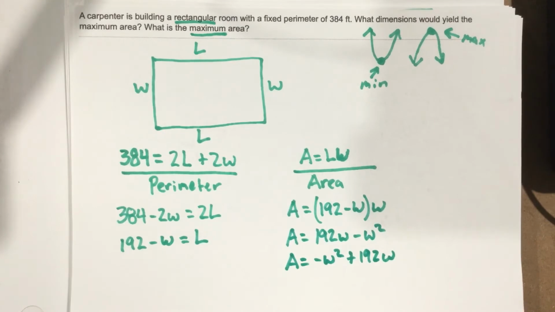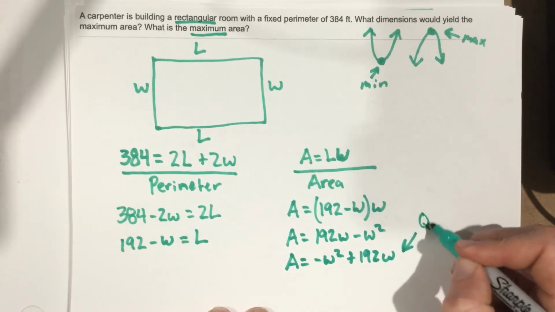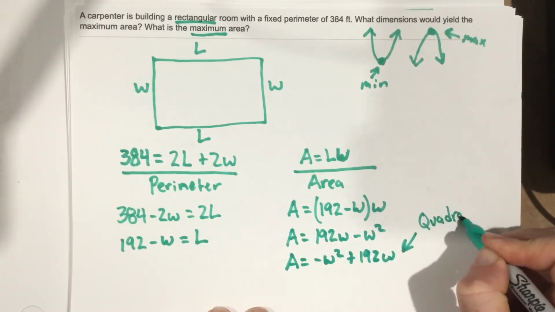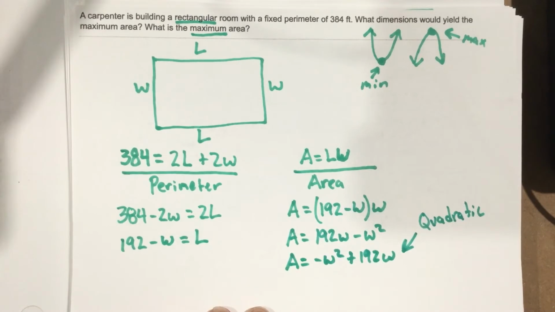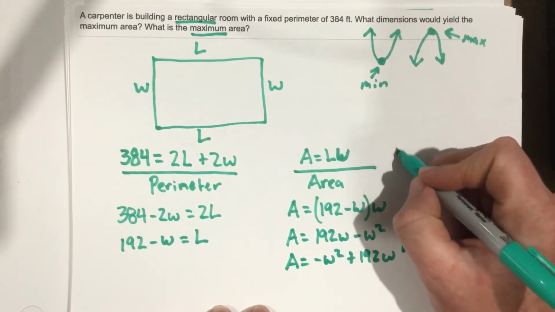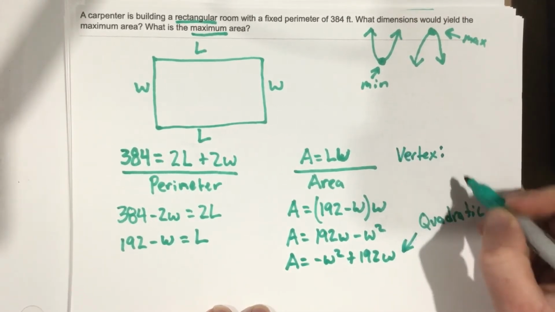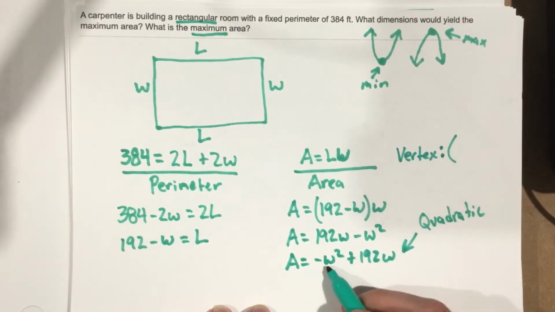Now, there's an important thing that you need to understand. This is a quadratic. If I find the vertex of this quadratic, the x value is the width.